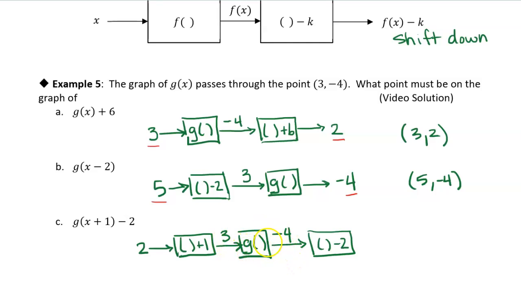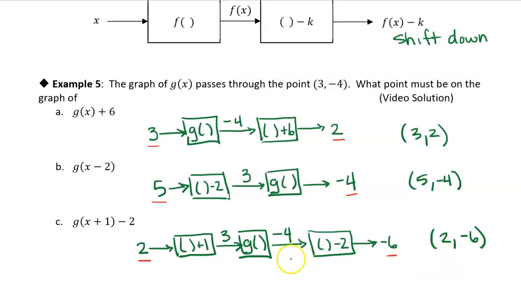We feed that 3 into g of x, we get -4, and then we subtract 2 from it. So we're going to end up with a -6. What that's telling me is that the new point that I know on this new function is 2, -6. So 2, -6 has to be on this new function.